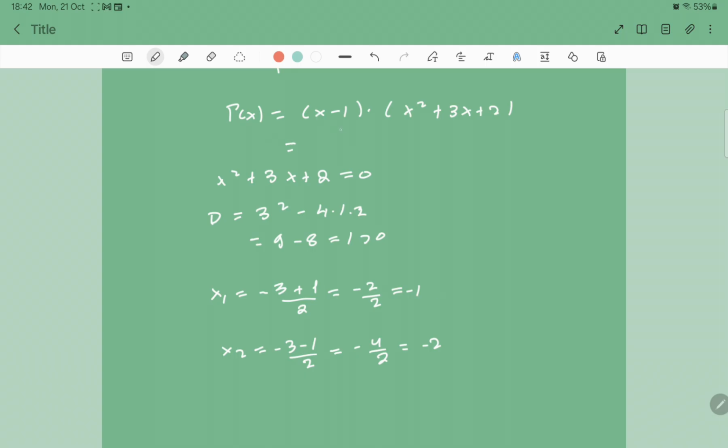So I go back to my p of x, which is x minus 1 times the coefficient of x squared, which is 1, x plus 1, x plus 2. P of x equals x minus 1 times x plus 1 times x plus 2.